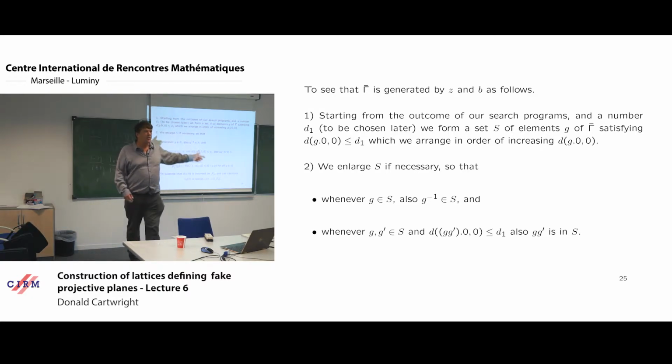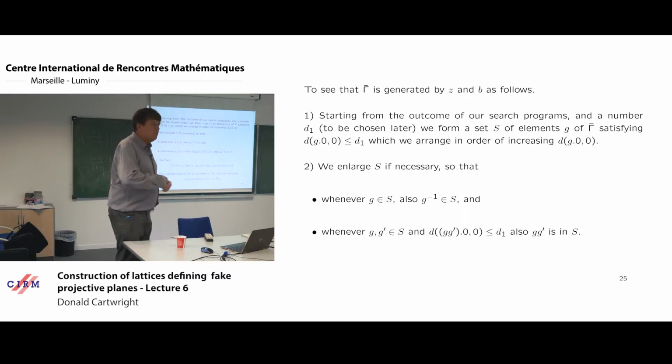If you've got a G in the set, you adjoin the inverse. If you find 2 G's in the output and calculate this distance, if it's still underneath D1, you throw GG prime into the list as well. As Tim said, throwing off the last one if you're full.